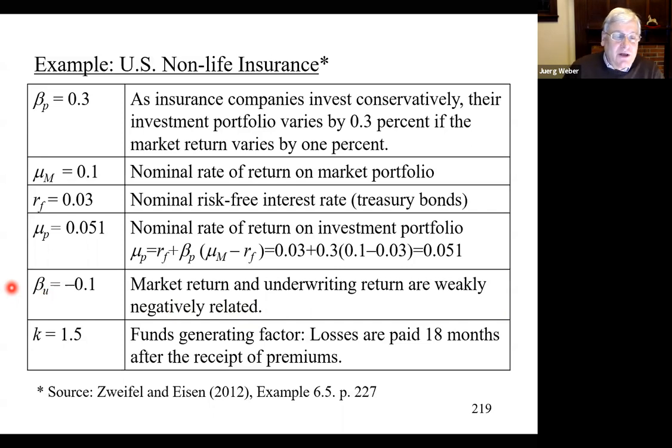You see, the underwriting business is maybe independent of the market or actually even moving weakly against the market. When market returns go up, then the return on underwriting business goes down, and vice versa. So underwriting business provides a good hedge for shareholders. The funds generating factor is 1.5. So that's what you get from annual reports of insurance companies.